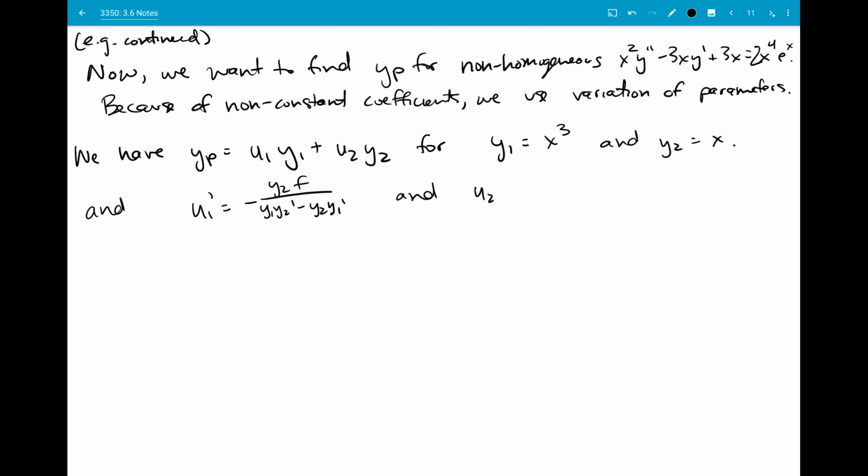And u2 prime, we don't have a minus sign. We look at y1 f, but the denominator stays the same, y1 y2 prime minus y2 y1 prime. And so we just have to calculate all these parts that go into that formula, plug them in, and then integrate.